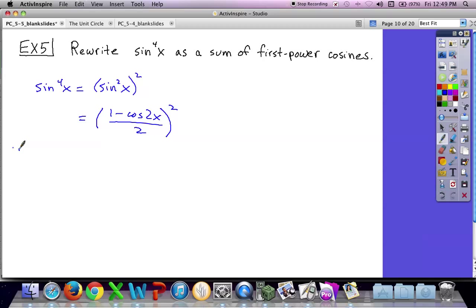FOIL it, right? 1 minus cosine 2x times 1 minus cosine 2x. So that'll be 1 minus 2 cosine 2x plus cosine squared 2x. And all that is over 4.